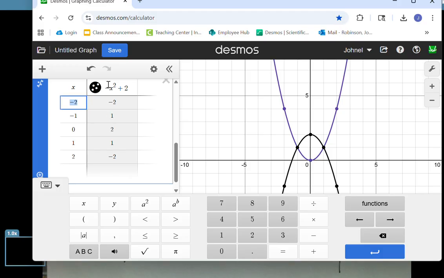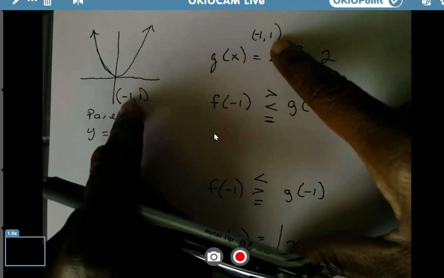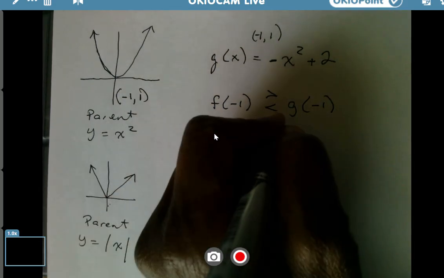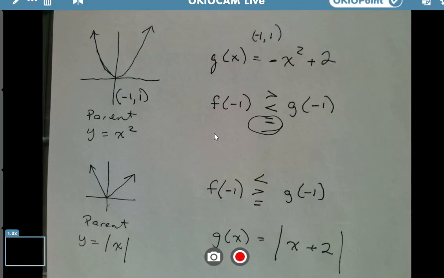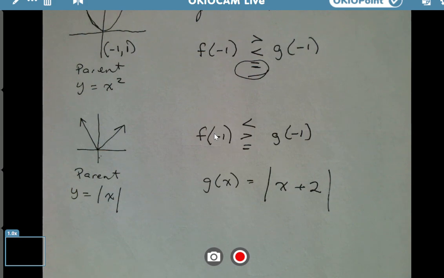See right there, 1 for this function. So this one is also negative 1, 1. So I wrote these are the same values. Therefore, they are equal at negative 1.